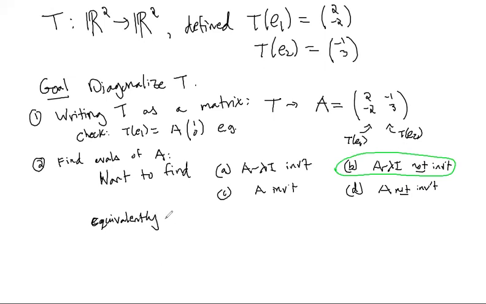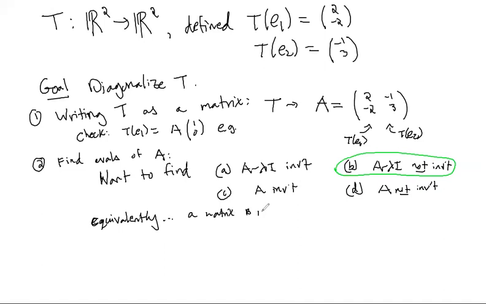what does it mean for a matrix to not be invertible? There are again 4 options: a matrix B is invertible if, and then you have some options here. This is just a review of previous weeks.